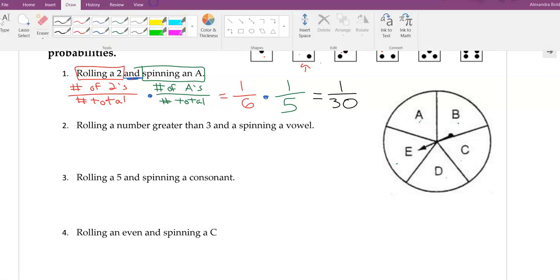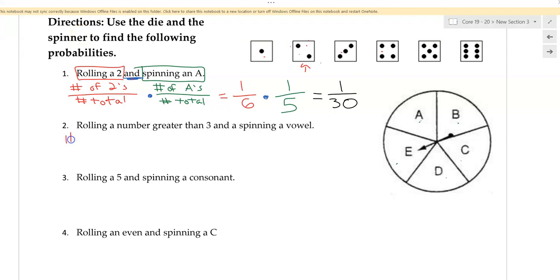Same thing for number 2, rolling a number greater than 3. So it's the number of numbers greater than 3 over the number total. And again, the alligator eats the bigger number, so if the number is greater than 3, it's facing that way, times the number of vowels.